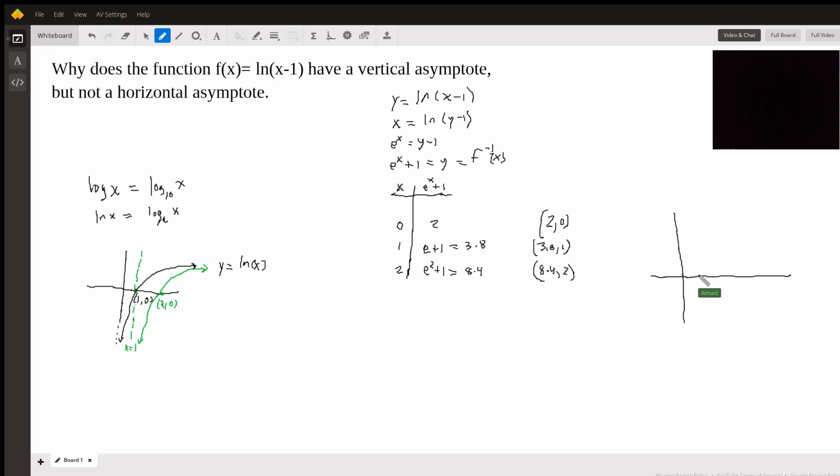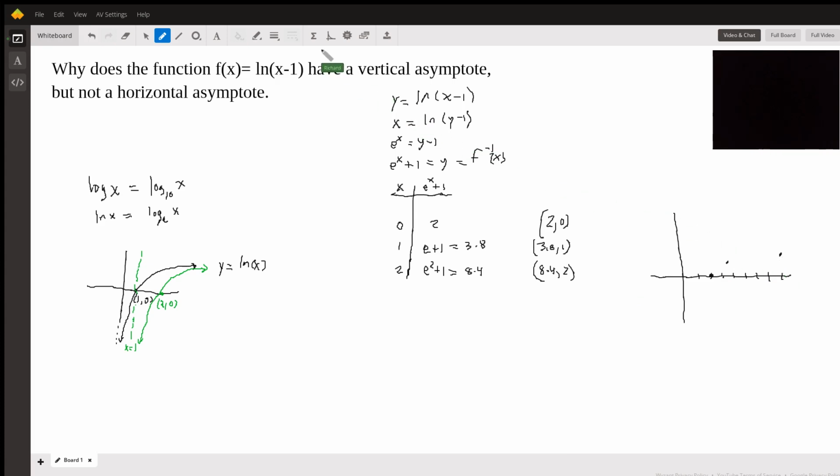So let's say that's 1, 2, 3, 4, 5, 6, 7, 8. So 2, 0 is here, and then 3.8, 1 would be something like this, and then 8.4, 2 would be something like this.